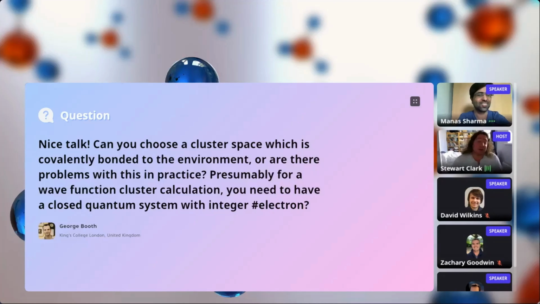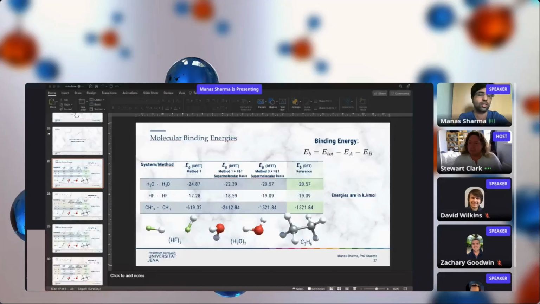It was actually very related to my question. I was going to ask if you could have charge transfer between the two different systems. Or do you allow for some sort of charge transfer if you have a system where that may happen? Yeah, that is interesting, because we also want to study charge transfer, and that is actually the next goal.